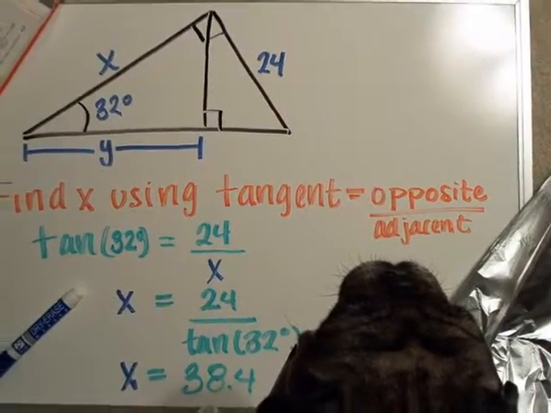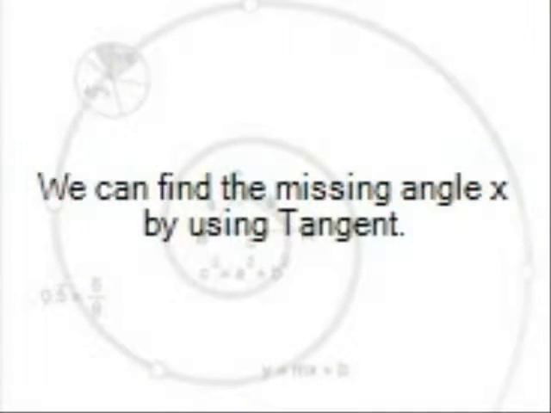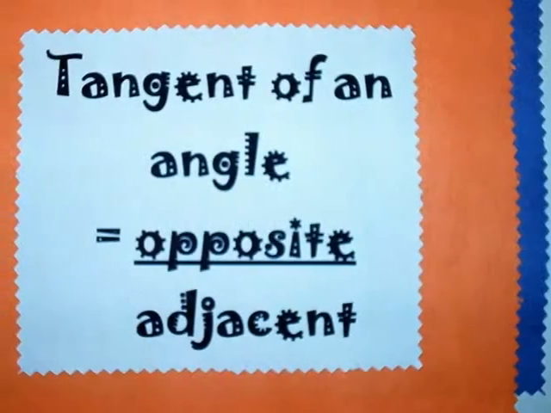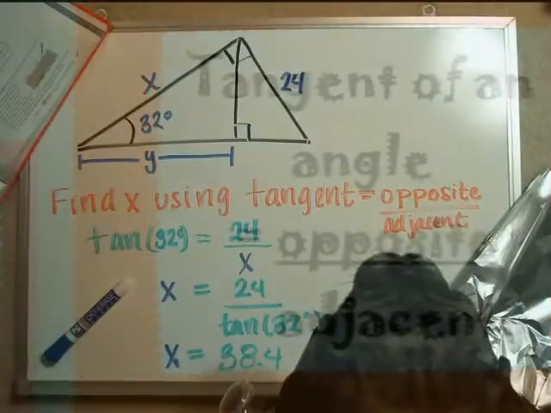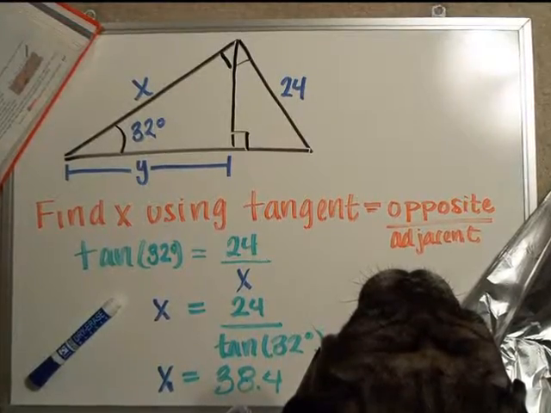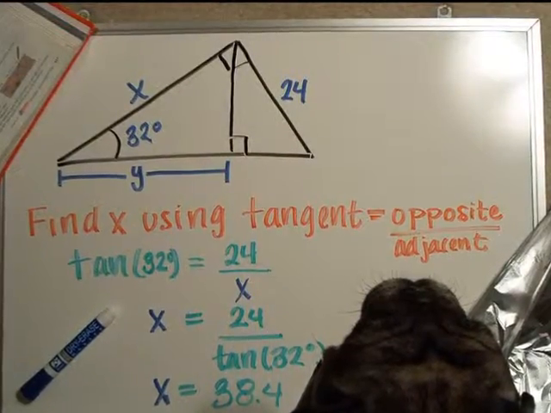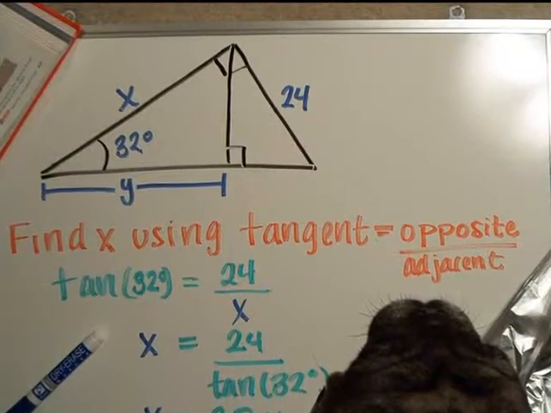This is what my drawing looks like. We can find the missing angle, x, by using tangent. You are going to have to divide 24 by the tangent of 32 degrees to get the correct answer. Yours should look like mine.